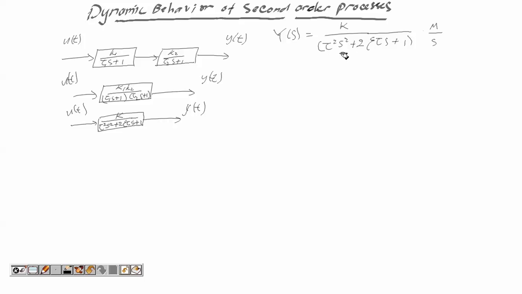So the response of the second order will depend on this quadratic equation. This quadratic equation may produce real and unequal, or distinct roots, may produce real and equal, meaning repeated roots, or maybe complex conjugate roots.